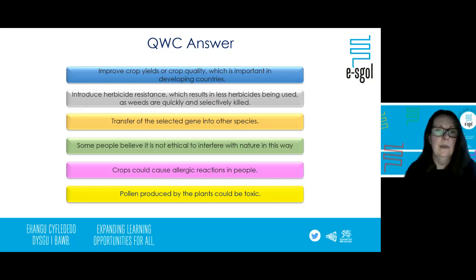So that's something that scientists would need to be aware of before they sold the plants and sold the crops, because it could be toxic. And then as the bees are moving around, it could affect the bees and also could be passed on to humans as well. So there's a lot of things that scientists would need to do to make sure that they are doing the right thing before anything enters into the food chain.